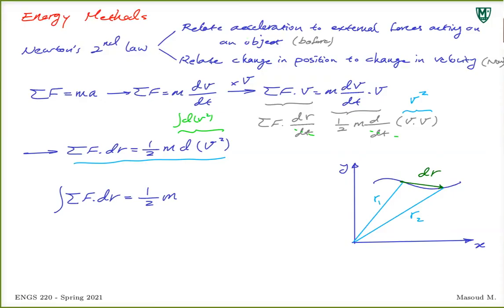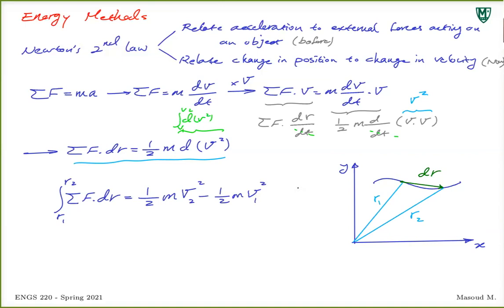This becomes 1/2 m v squared. And remember, this is changing from v1 to v2. So this one changes from r1 to r2, and this one changes from v1 to v2, giving 1/2 m v2 squared minus 1/2 m v1 squared.